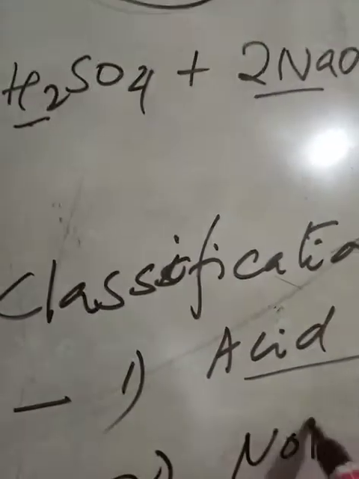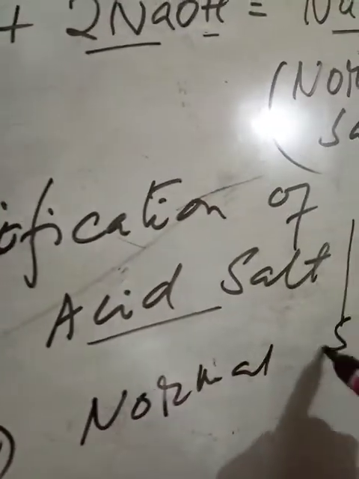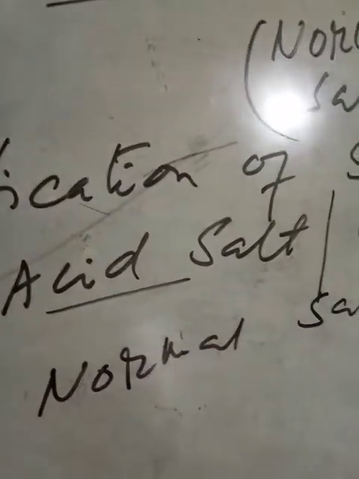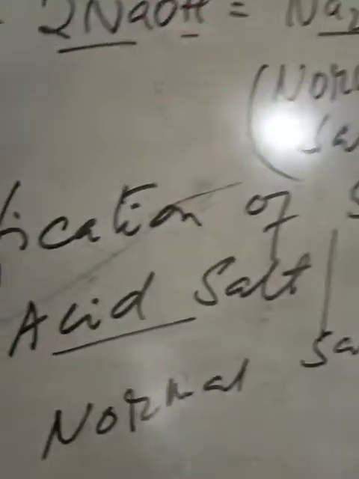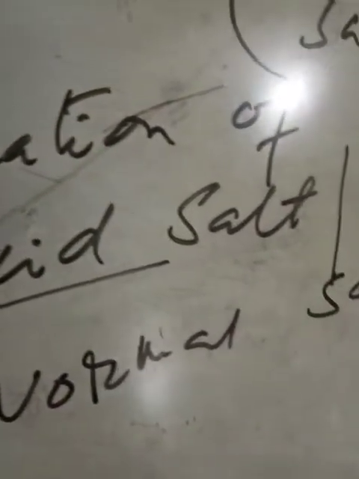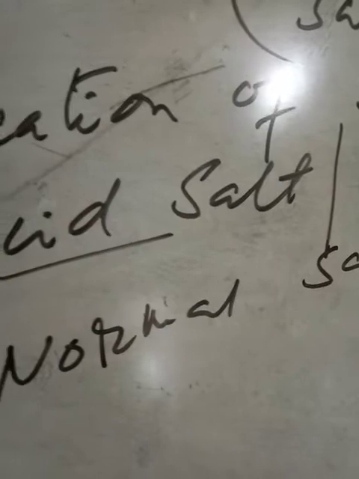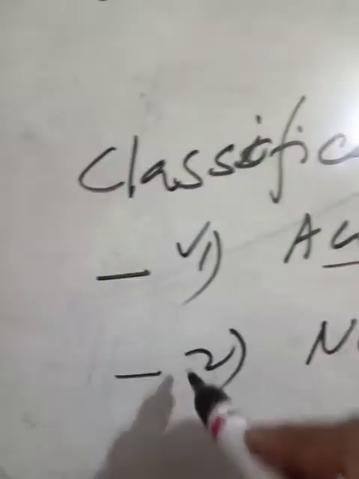Number 2, normal salt, which is produced by full replacement of hydrogen. One is acid salt and another is normal salt.